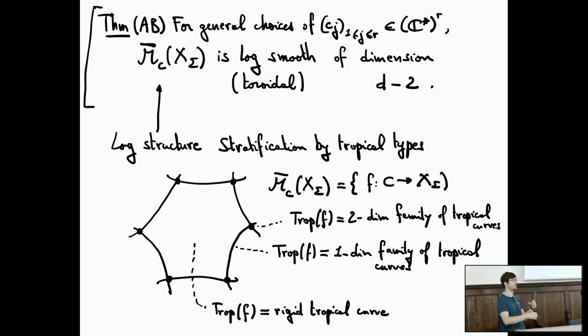Maybe it becomes of higher dimension, or it becomes more singular. But at least if the Cj are inside some Zariski open set, inside some C star to the power of some set of choices, then the way it looks will essentially stay the same. At least this tropical type picture will stay the same.